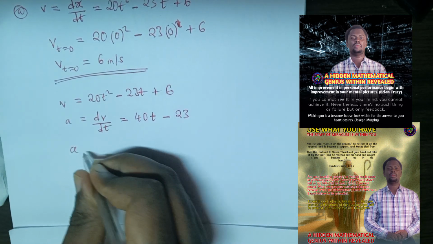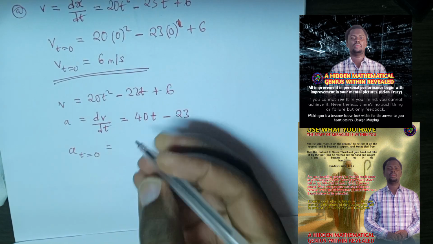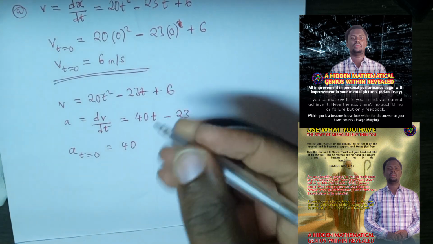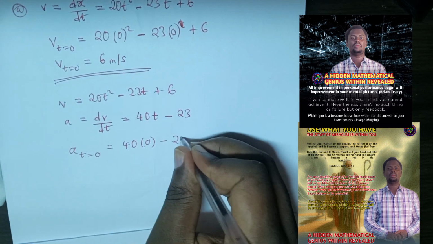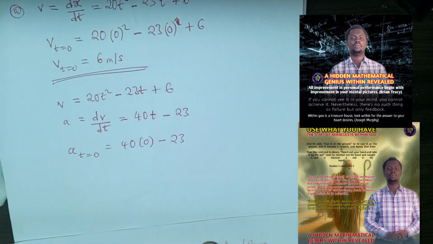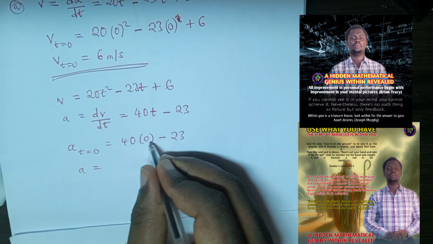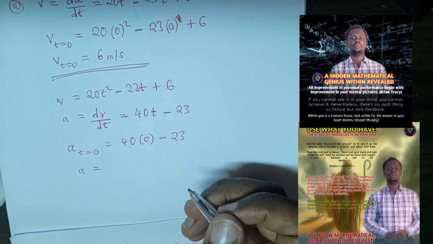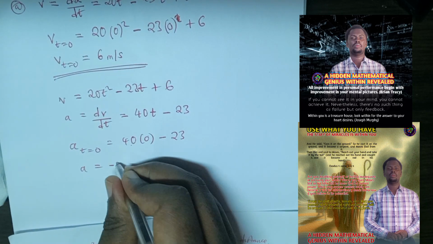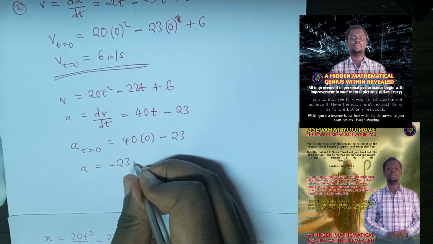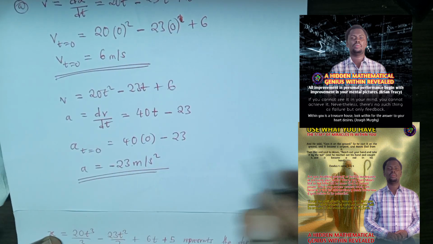So acceleration when t is equal to 0 is equal to 40 times 0, minus 23. 40 multiplied by 0 is 0, then you get minus 23, so minus 23 meters per second squared.